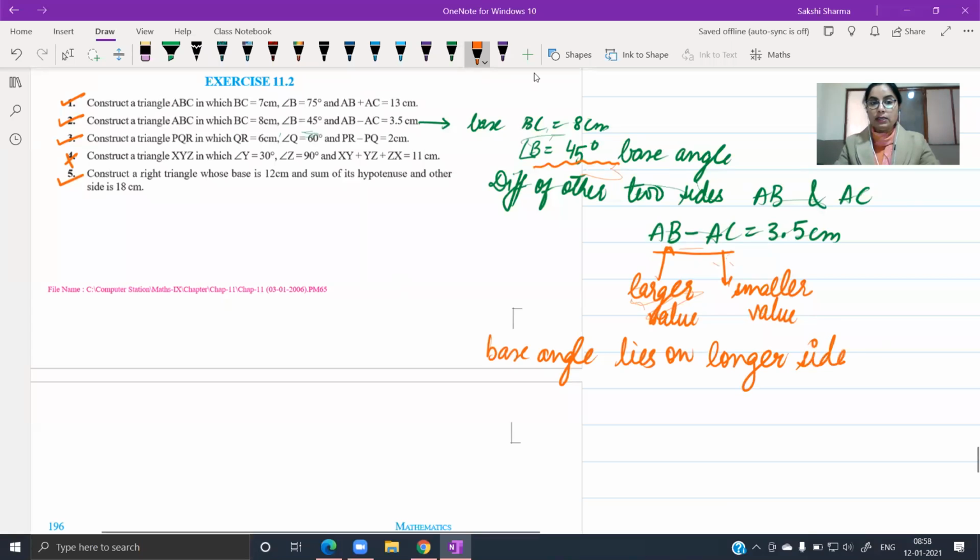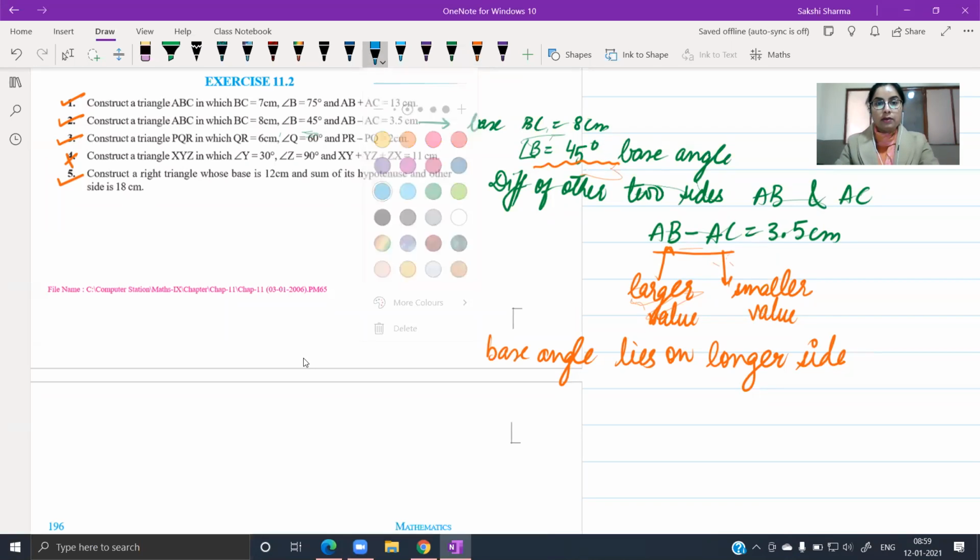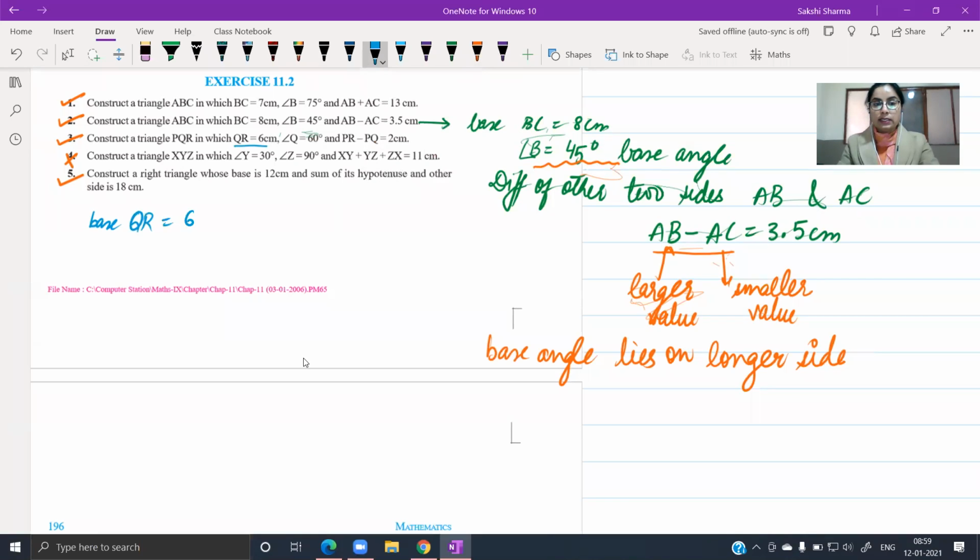Now, if you look at question 3 of the exercise, let us just quickly note down the values and see what we have here. You have to construct triangle PQR. QR is given as 6 centimeters. So this is the base of the triangle. This is for question number 3. The base is 6. Base angle Q is 60 degrees. This is your base angle. Along with that, you require the difference of the other two sides.